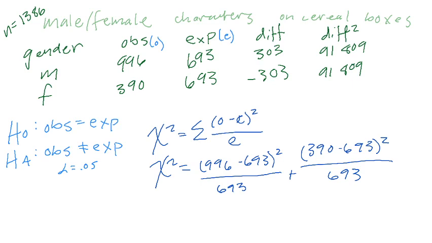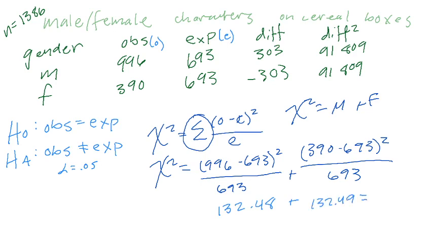So what we're basically saying by this sum, for this particular example, is: let's get the observed minus the expected values squared over the expected values for the males and for the females and add them together. So that's what we have done down here. If we continue with this math, we get something like 132.48 for this one, and imagine the same for this one, because remember what we're ultimately doing is taking this difference value, which is right here, and dividing by the expected value.